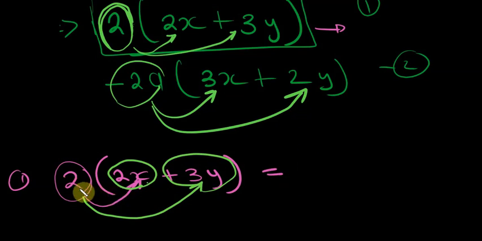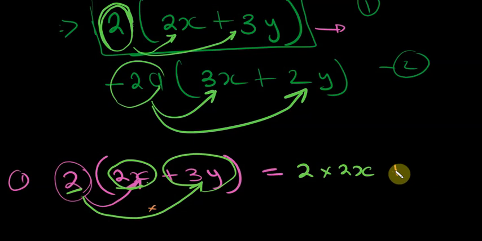So let's do that. Brackets fall off. That means 2 multiplied by 2x, then we have 2 again multiplied by positive 3y. That gives us a positive.